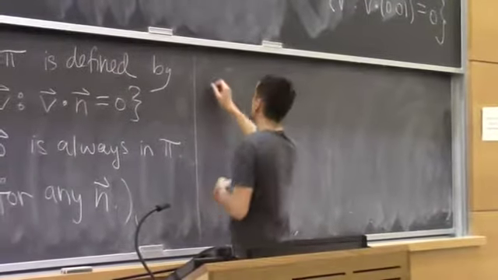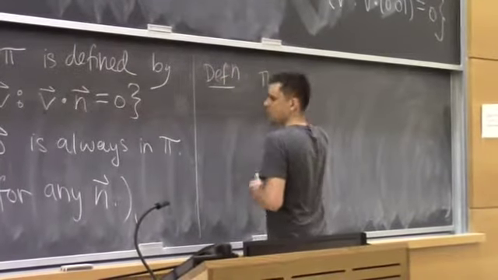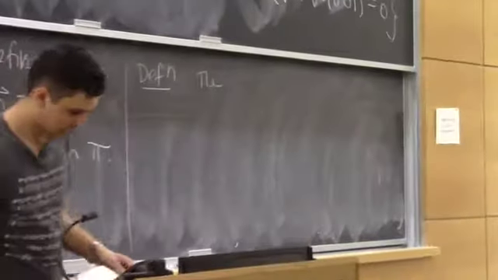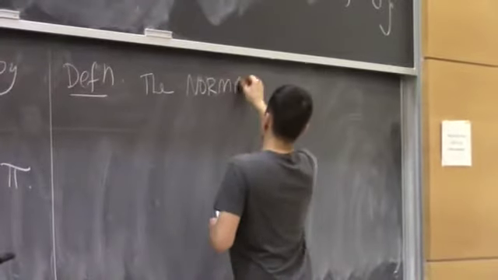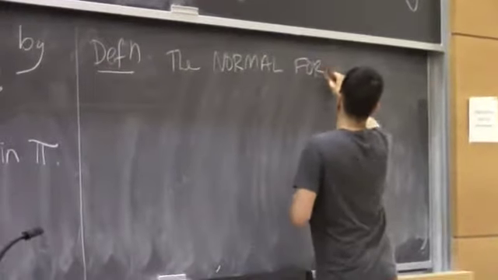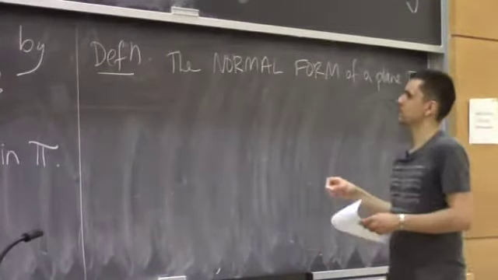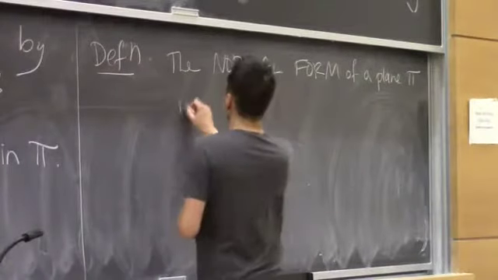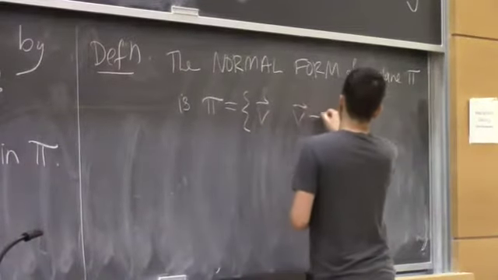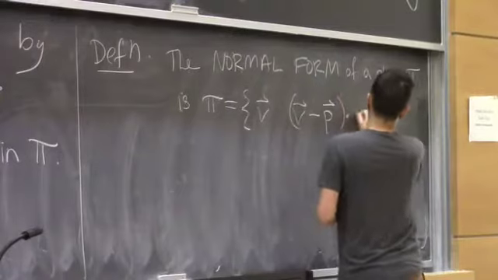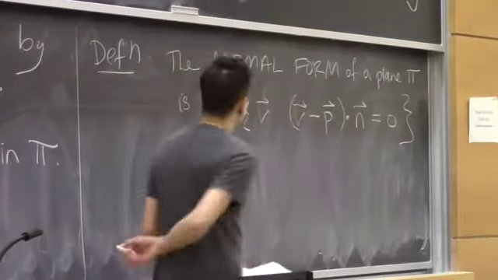Okay, so now we can say the definition of normal form. The normal form of a plane pi is the following thing.